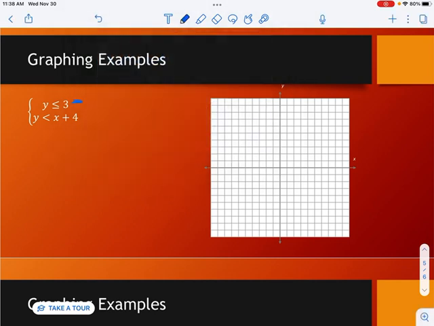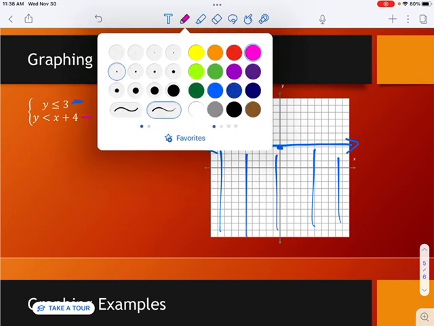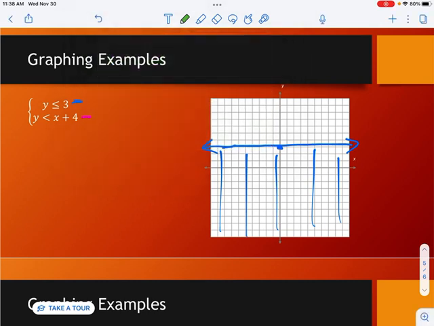On this next one, we'll start with the first one. Remember, that is going to be a horizontal line. So I come up here to 3. I connect that clear across. It's a solid line. And it says y is less than that, so it would shade below. My second one here, my slope is 1, my y-intercept is 4, and that is a dotted line. So I come up 1, 2, 3, 4, and I have a slope of 1.